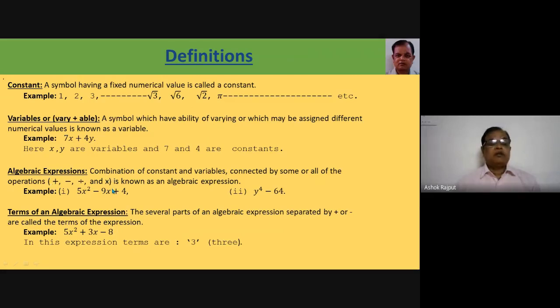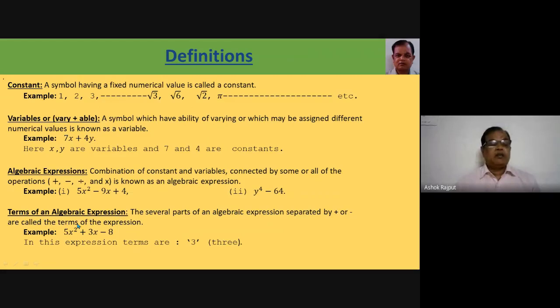These are the four operations, and if they are applied with constants and variables, the result is known as an algebraic expression. As we have written here, example 1: 5x square minus 9x plus 4. And the second: y raised to the power 4 minus 64. These are algebraic expressions.